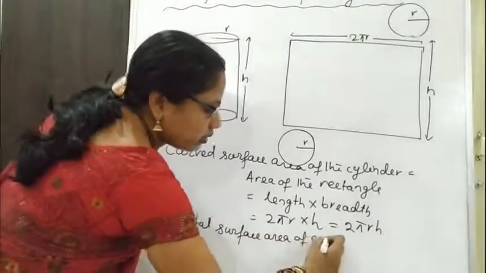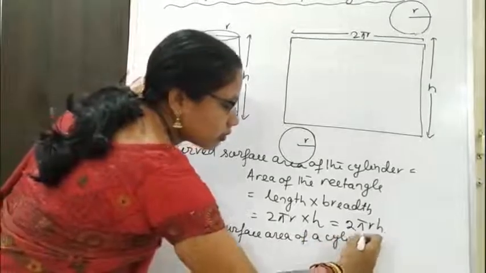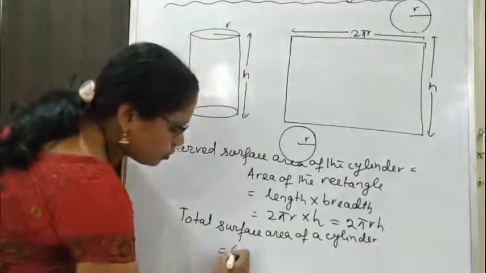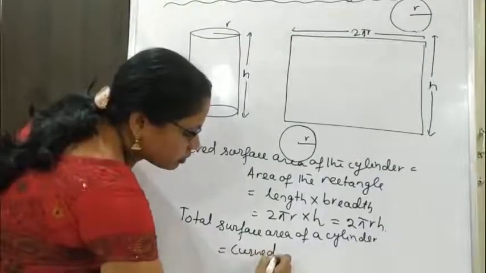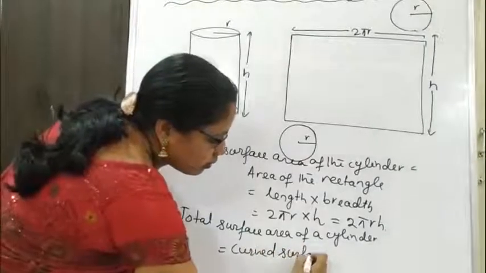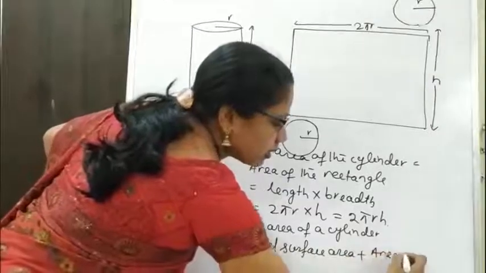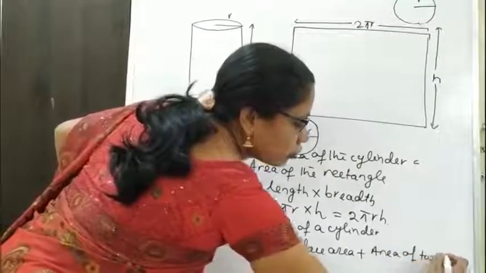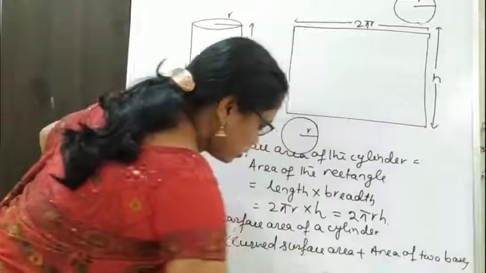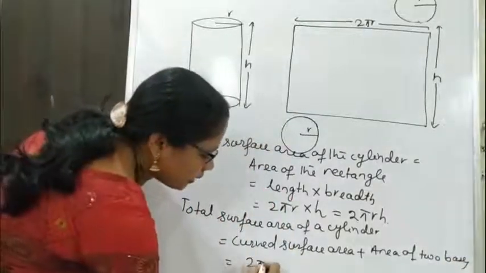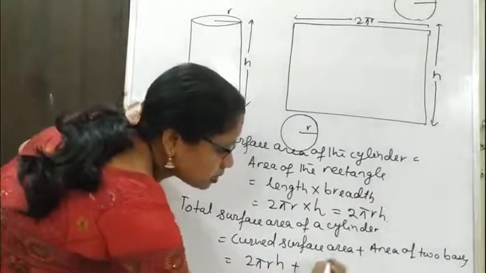So this is equal to 2 pi r h plus the area of two bases.